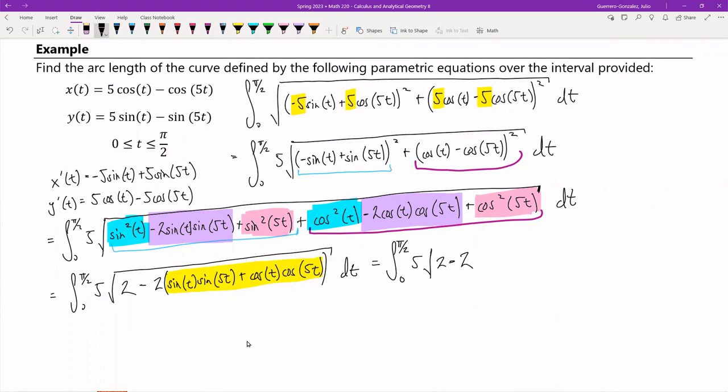And now we get to combine this. It's going to be t minus 5t, so it should be minus 4t. So this is going to be cosine of minus 4t dt.